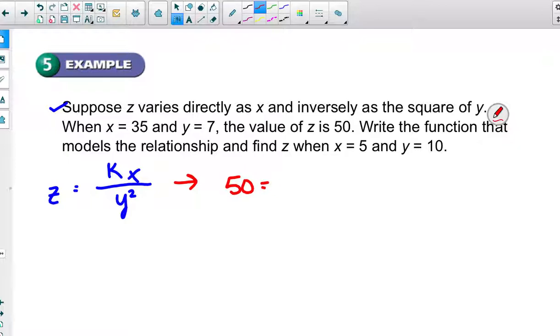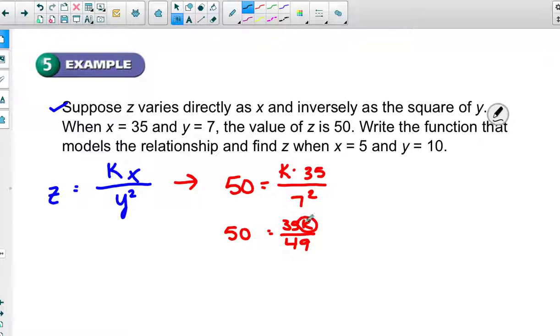We don't know k yet. x is 35, and y is 7, and that is 7 squared according to this formula. So now we have 50 equals 35k over 49. We need to solve this for k.